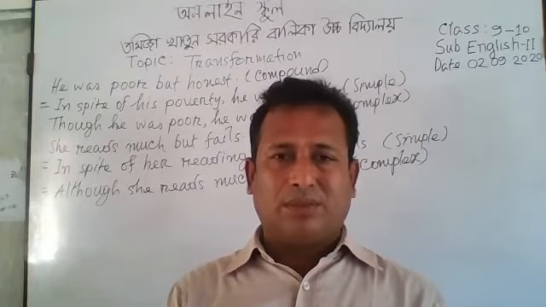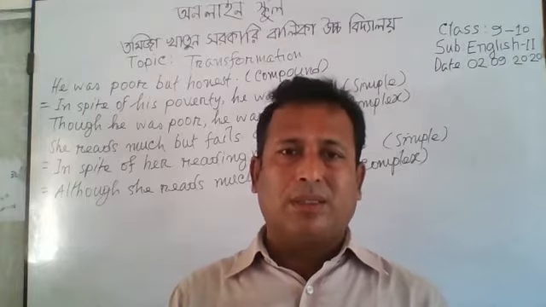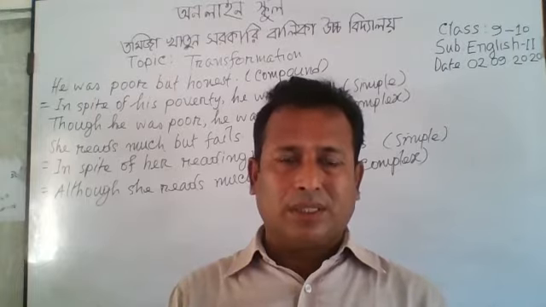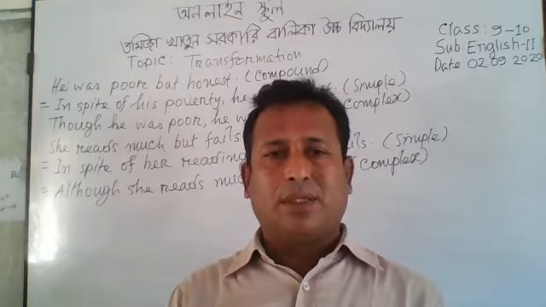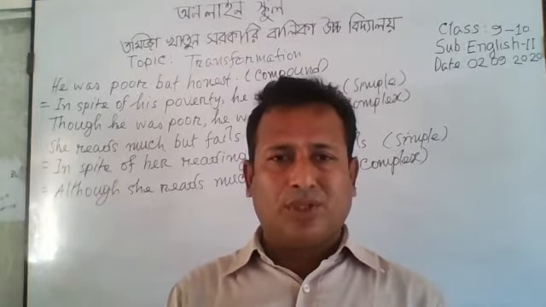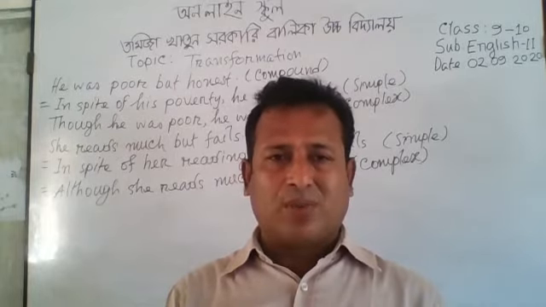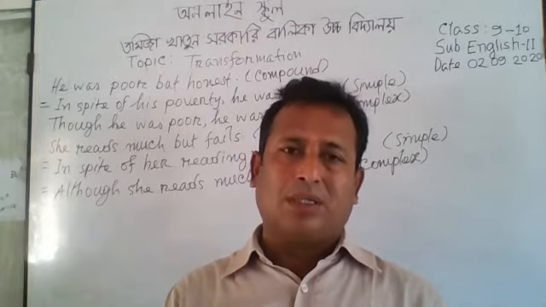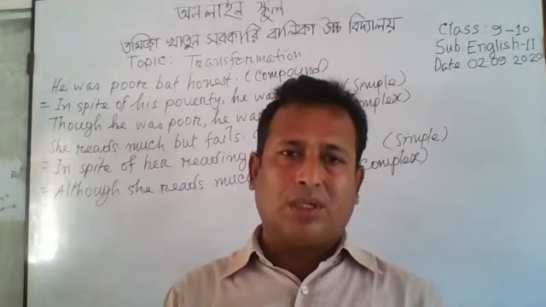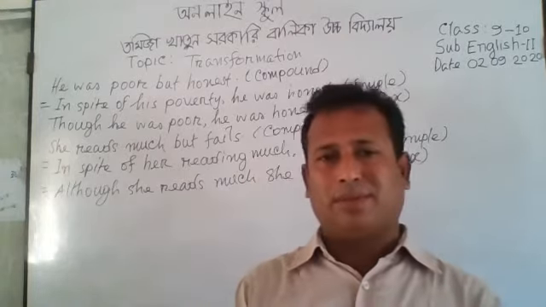They are joined by but, and, either or, neither nor, etc. Mostly you will see that compound sentences are joined by but or and.